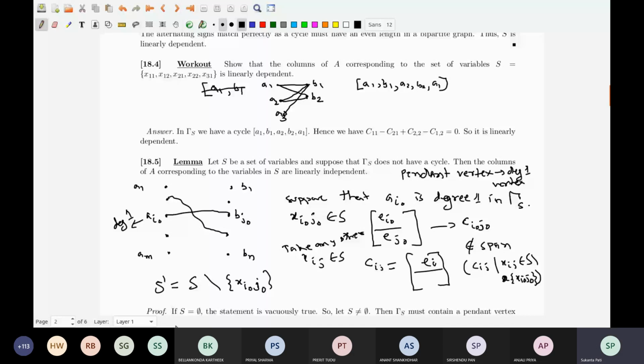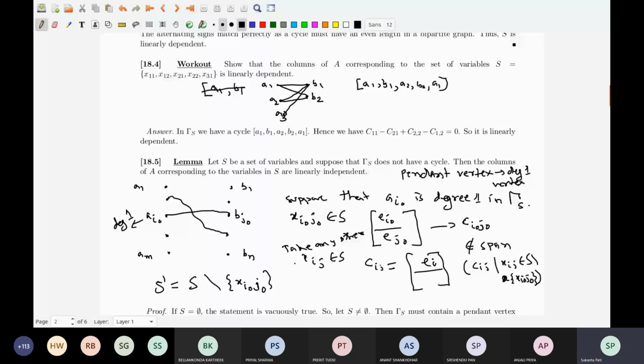Does gamma of S minus x_{i0 j0} contain a cycle? No, it will not contain a cycle, because gamma S was not having a cycle and I have deleted one edge. That will not create a cycle. Okay, so gamma of S minus x_{i0 j0} will not have a cycle.